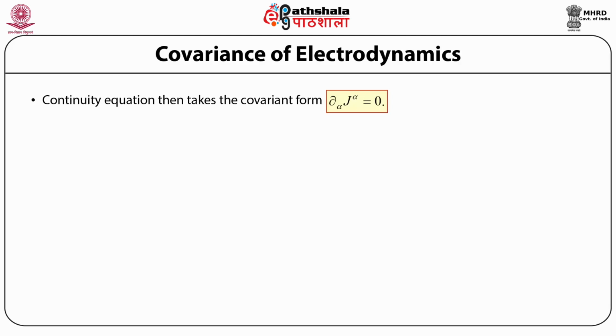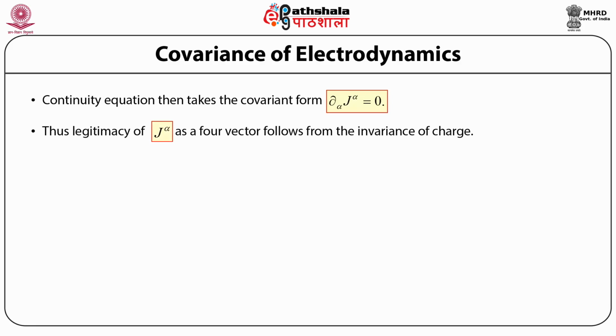This equation of continuity in tensorial notation using the 4-vector charge current density can be written in the covariant form as del_alpha j^alpha equal to 0. From this one sees the legitimacy of the charge current density j^alpha as a 4-vector, and one also sees that this follows from the invariance of charge.